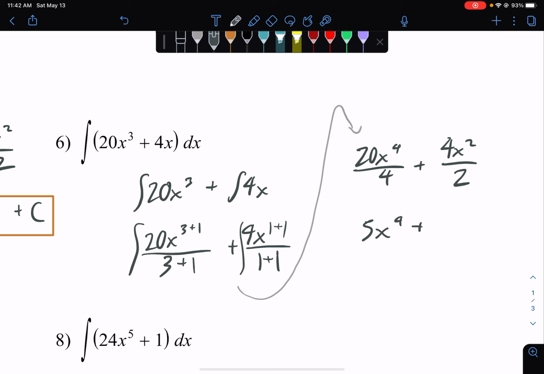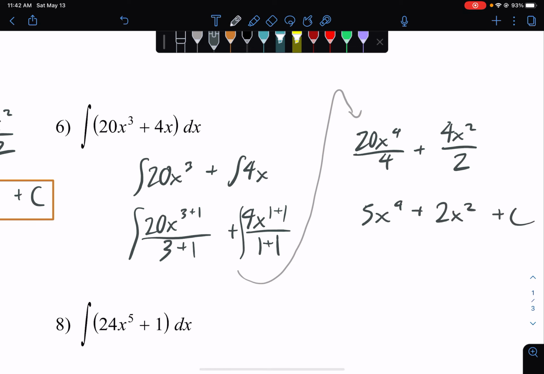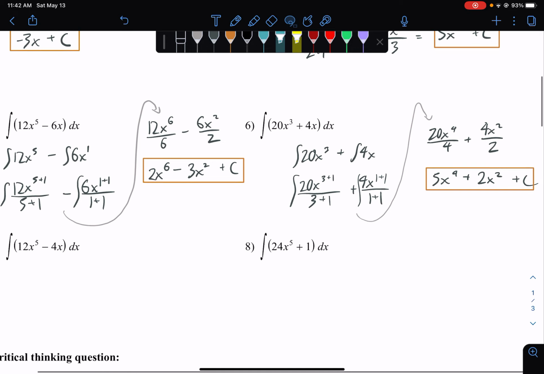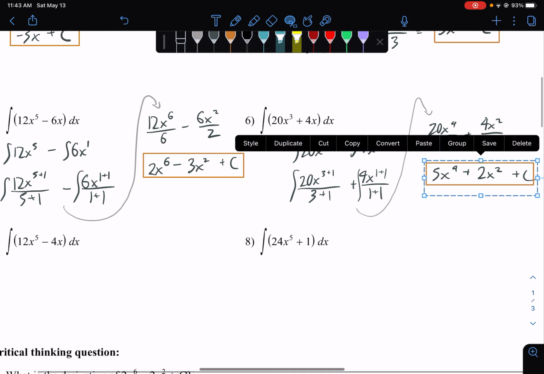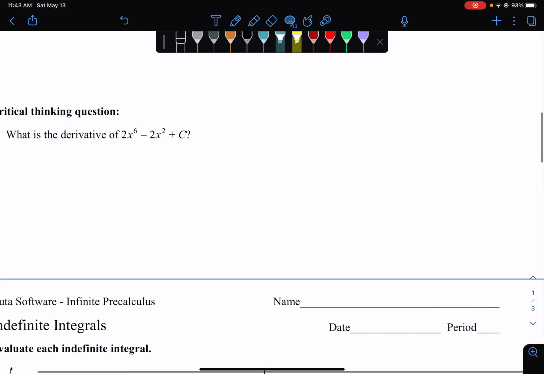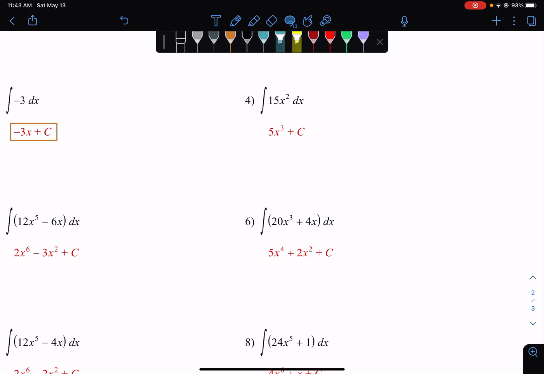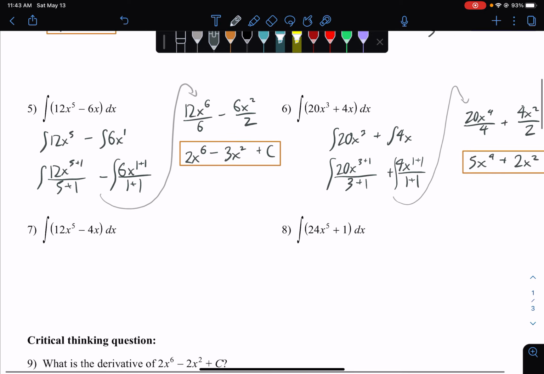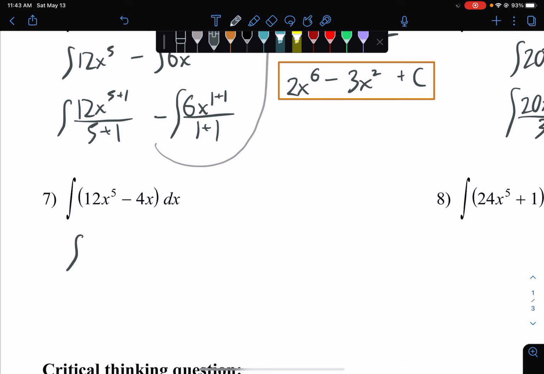That is 5x raised to 4, and then 2x raised to 2, and then we put plus c. That's the final answer. Let's see if I got it right. Exactly the same.